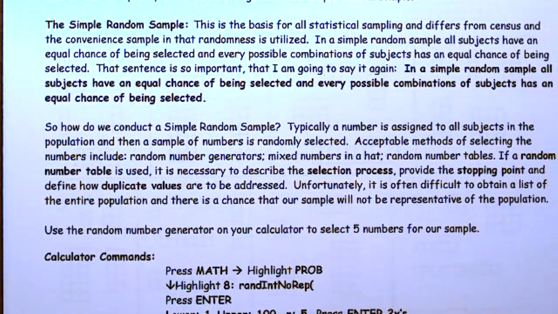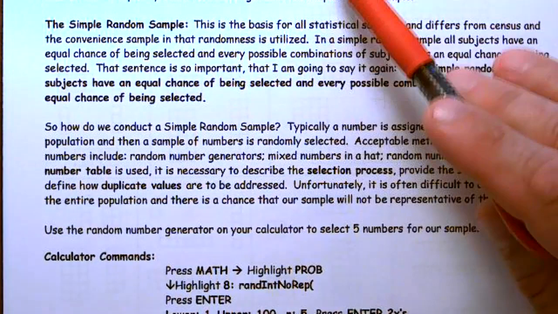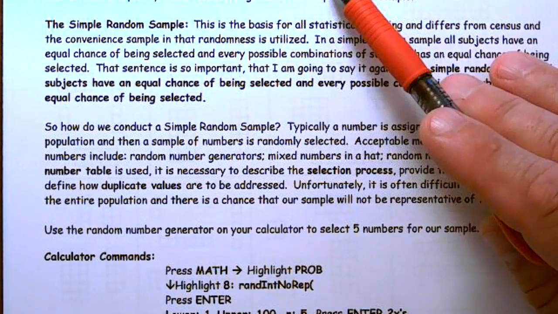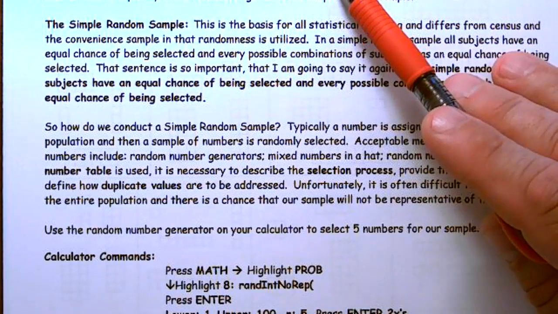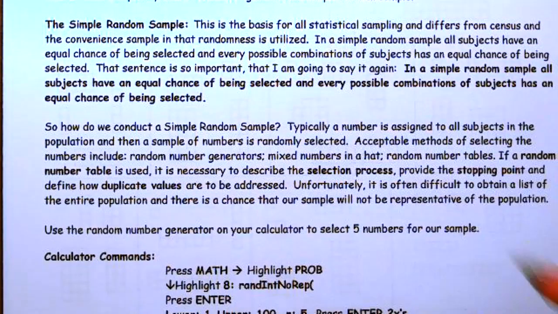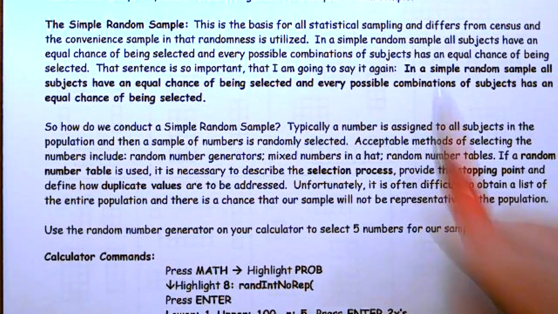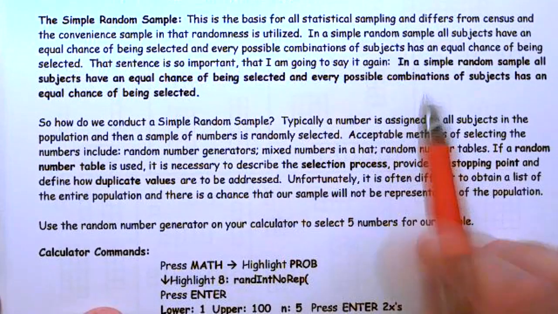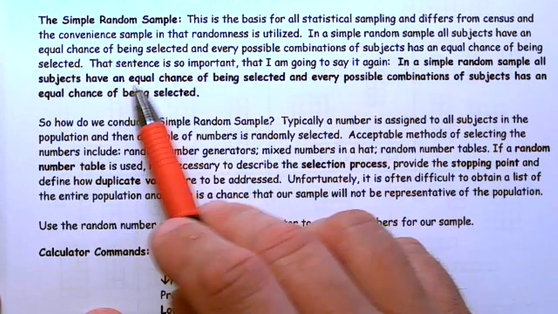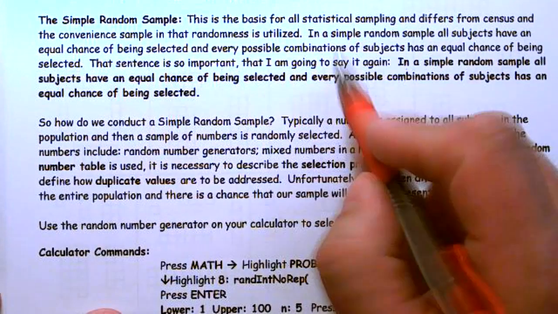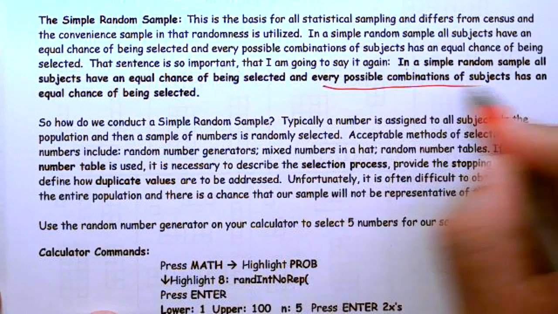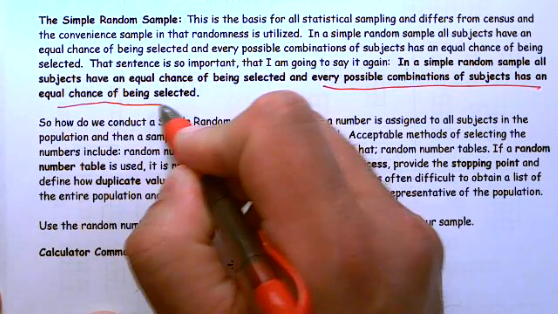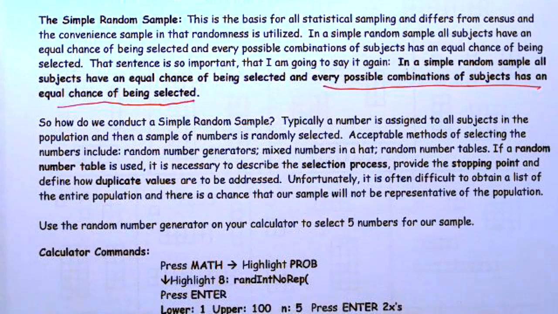So let's look at a couple different types of samples that we could do. The first one is a simple random sample. Every single individual has an equal chance of being selected, but also, very, very important, in a simple random sample, all subjects have an equal chance of being selected, and every possible combination of subjects has an equal chance of being selected.